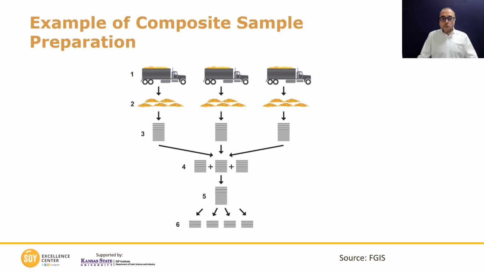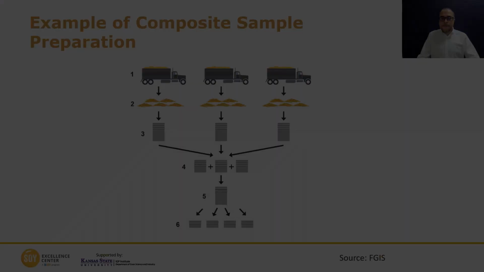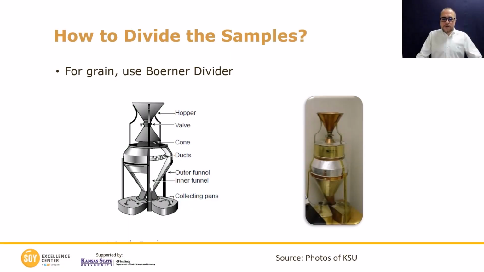Then for working and analyzing that sample, we need to take cut samples, or divide that sample into smaller quantities, in an objective way in order to represent that whole lot, which in this case was 3 trucks. To divide the composite sample into smaller quantities for getting to the right size for analysis, for grain we use what is called a Borner divider that you could see here in the pictures of the slide.